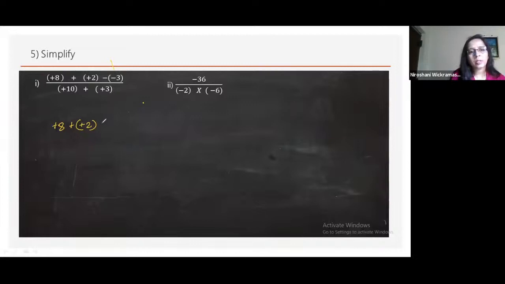Write the opposite of this, the additive inverse of this, plus 3. This way, first write, then plus 10 plus 3. Now do the simplification. Plus 8 and plus 2 is plus 10, and plus 3, plus 13. Over here also 10 plus 3, 13. Plus 13 divided by plus 13, answer is plus 1.